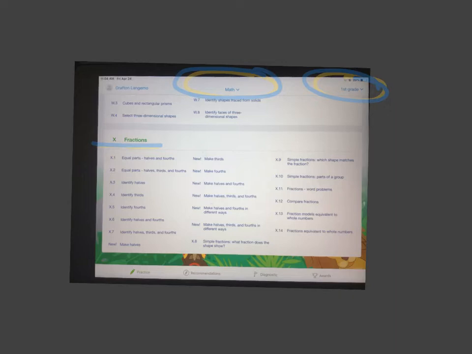First of all, after you log in, you should see this screen right here. So if I have assigned something in math, then you need to check this area right here and make sure that it is showing math. If I have assigned something in reading, then this area right here, you need to hit this little arrow for the drop down and go to language arts.